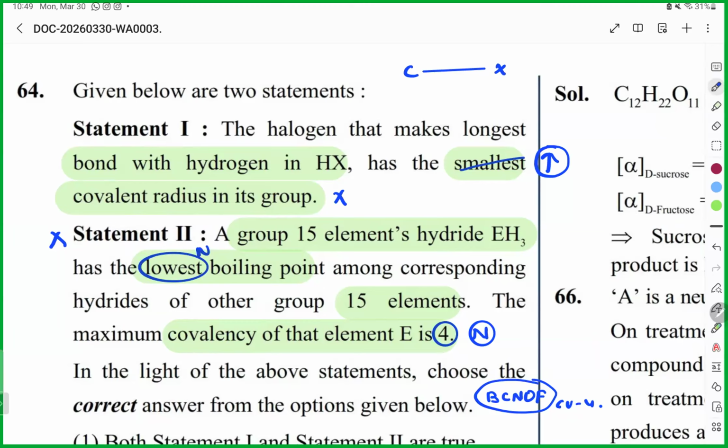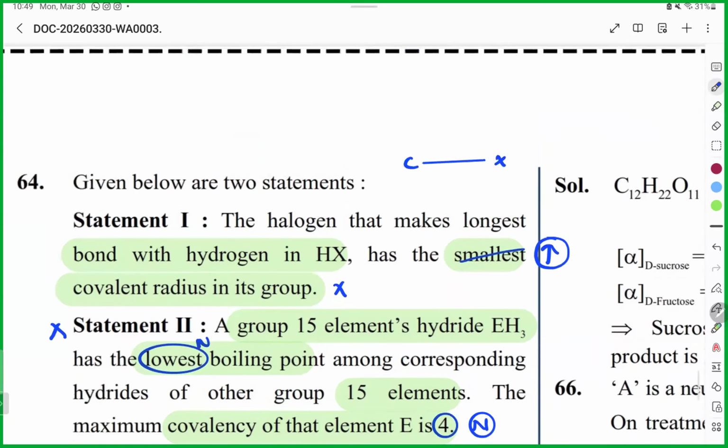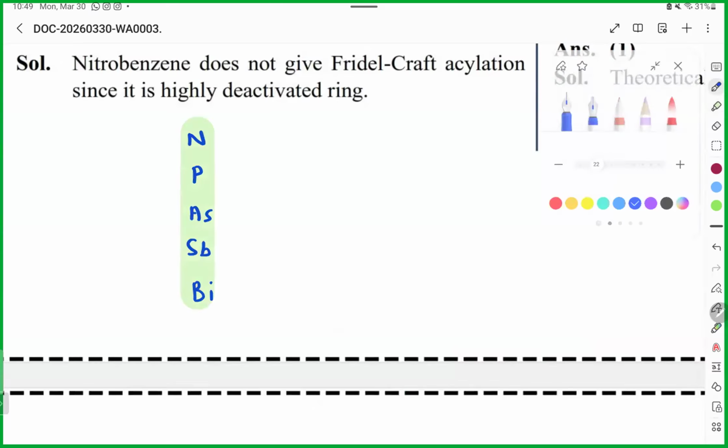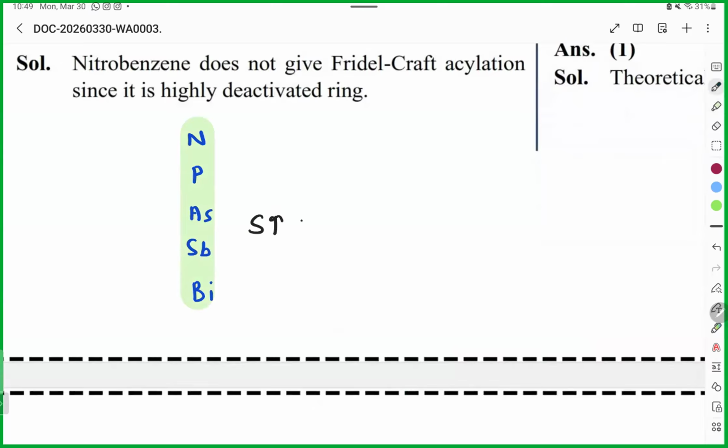Normally, boiling point increases with mass. So logically, if you make hydrides, down the group size will increase. When size increases down the group, then mass increases. Mass increase means boiling point increases. Logically, this should be correct.